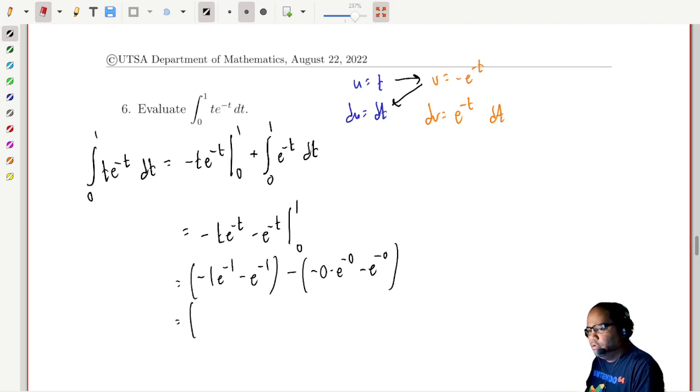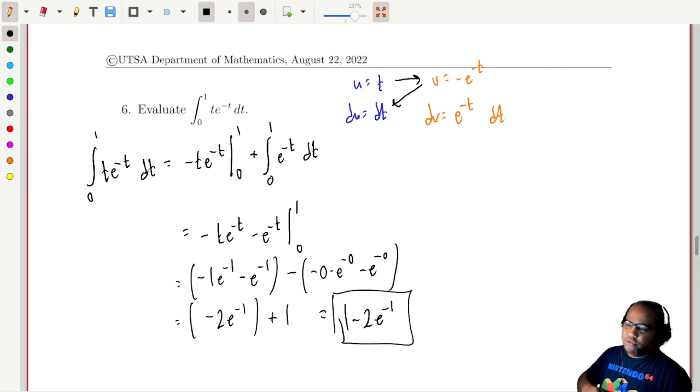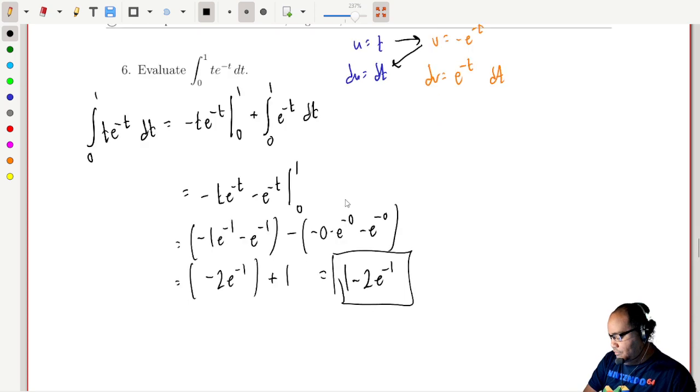Well, negative 1 minus 1 is negative 2. Those are like terms. Well, 0 times anything is 0. Minus minus is plus, and e to the 0 is 1. Our final answer is 1 minus 2e to the minus 1. Okay, that's how we do that one.